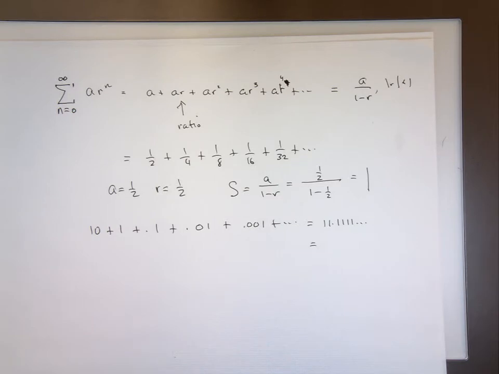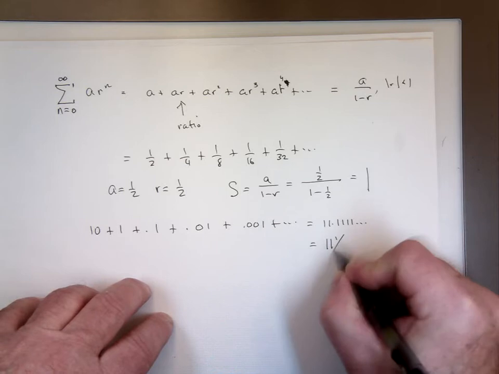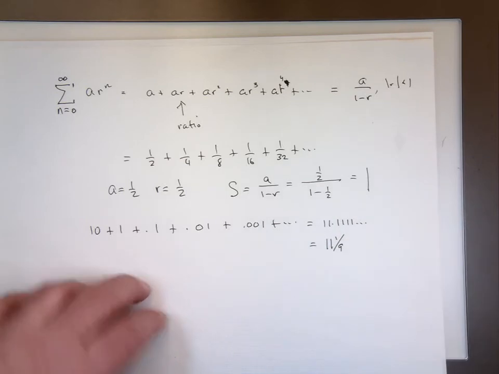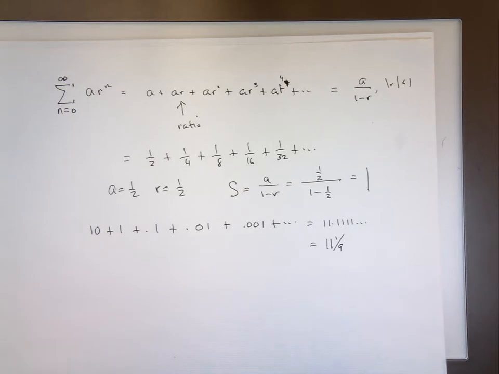I'm asking you the decimal. 100 over 9. Is that what you said? Yes, it's 11 and 1/9. 0.111 repeating is 1/9. 0.222 repeating is 2/9. 0.333 repeating is 3/9, which is 1/3. 0.444 repeating is 4/9. 0.555 repeating is 5/9. 0.666 repeating is 6/9, or 2/3. 0.777 repeating is 7/9. 0.888 repeating is 8/9.